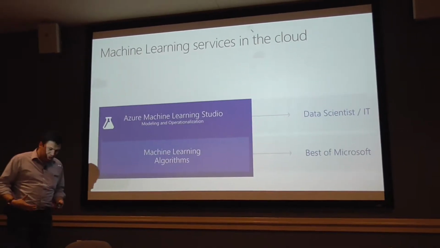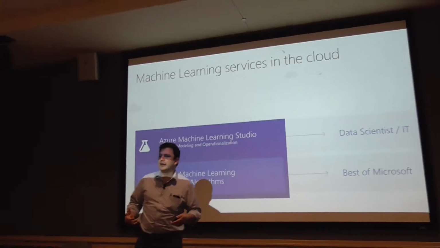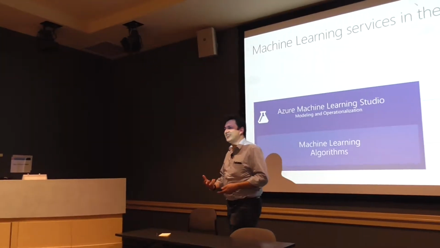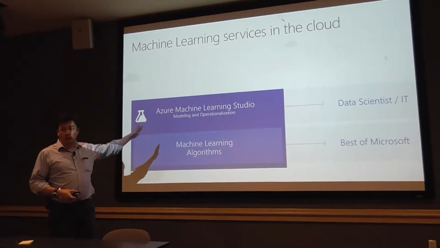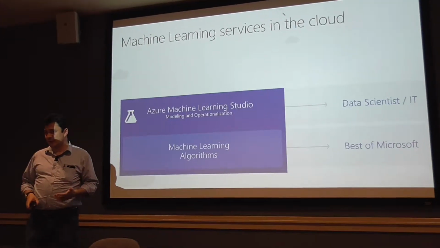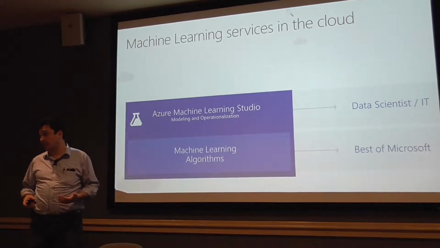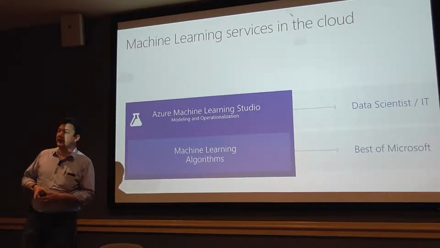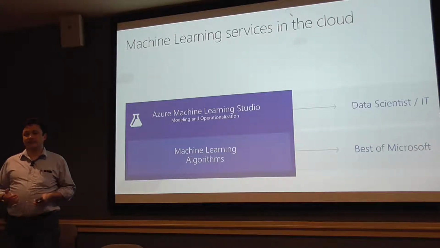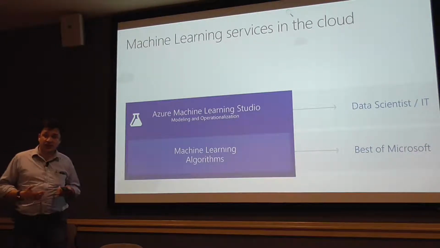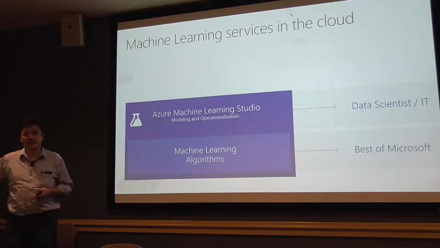So the first step to democratize advanced analytics, to make machine learning and artificial intelligence available to you, is to create tools that make it possible for you to create any kind of model, right? And there are several tools to do that we offered you. Actually, the Azure Machine Learning Studio is one of them.